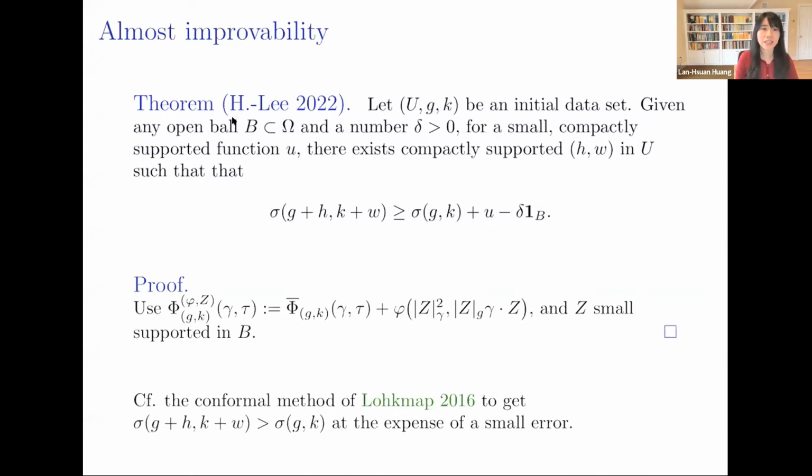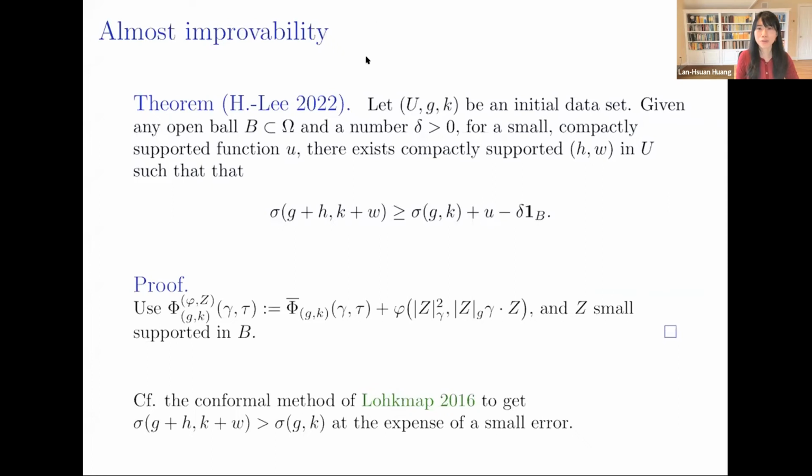So this statement says given any ball B inside the manifold, and for any very small number delta, we can find a compactly supported perturbation such that the dominant energy scalar is greater than or equal to the original one plus the prescribed amount, up to this error term.